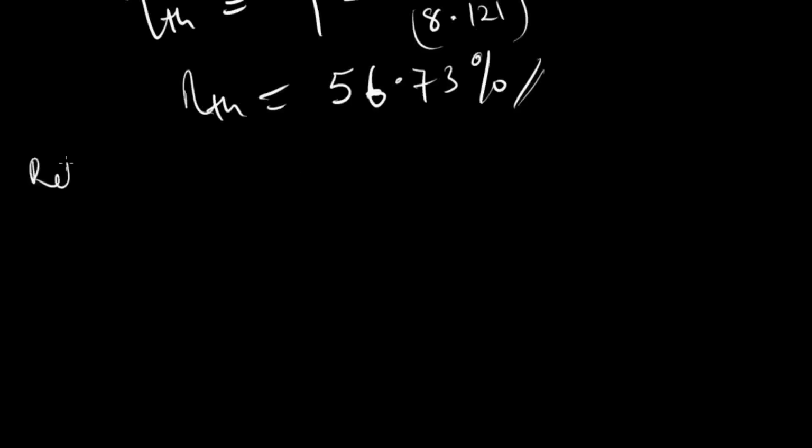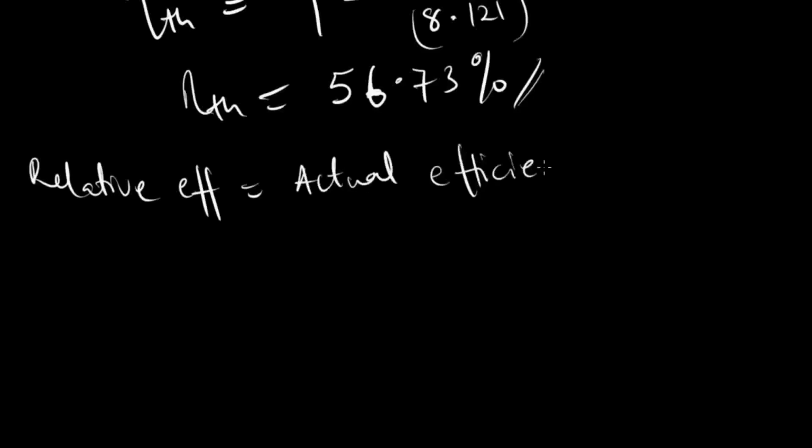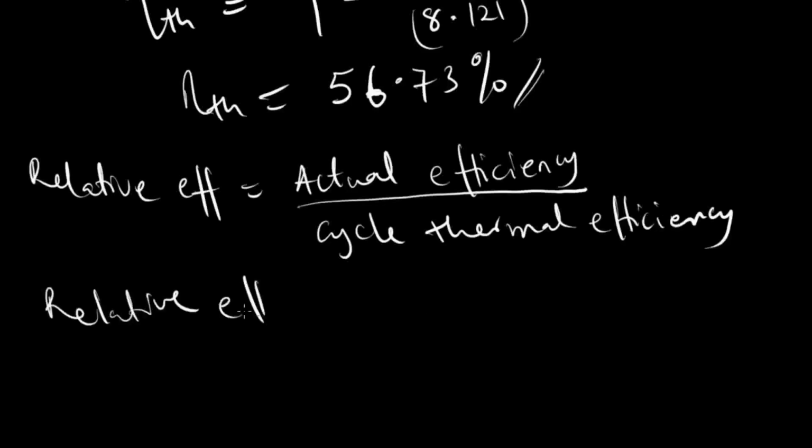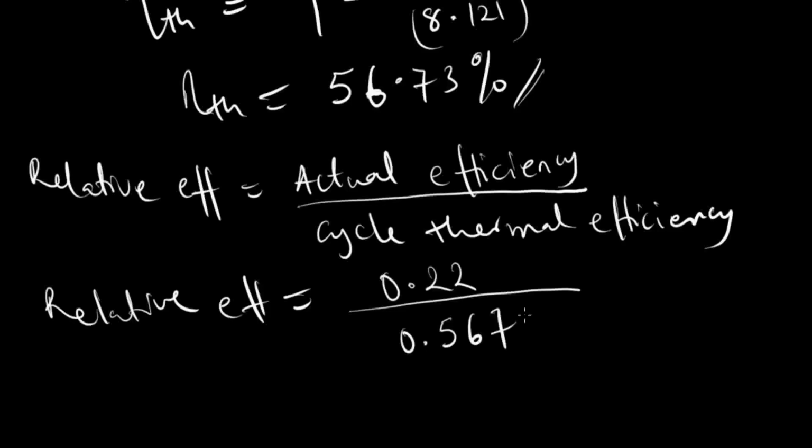Relative efficiency is actual efficiency over cycle thermal efficiency. They gave us that the actual efficiency is 22%, and this is cycle thermal efficiency 56.73%.